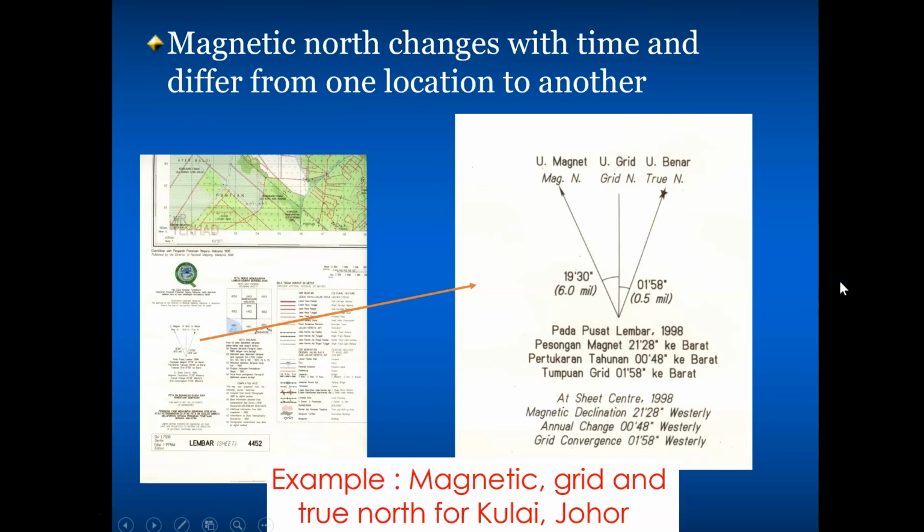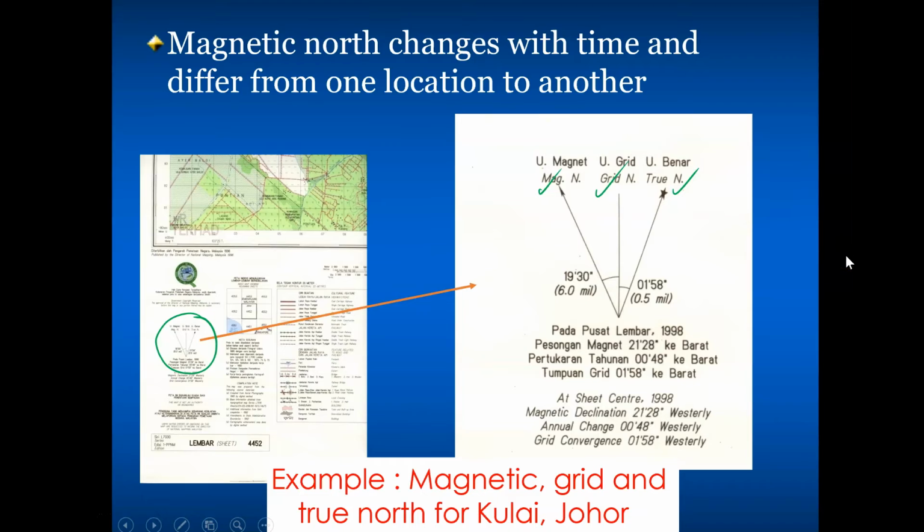Just to give you an idea, in this country, if you look at a map published by the Survey Department, Jabatan Ukur dan Pemetaan, or JUPEM for short, there's always information at the bottom of the sheet showing the differences between magnetic north, grid north, and true north. So that's something for you to know.